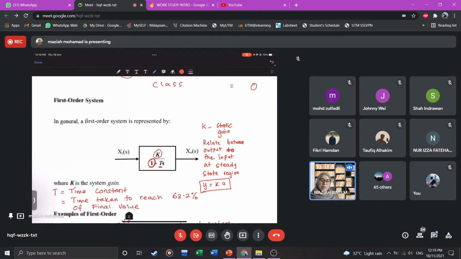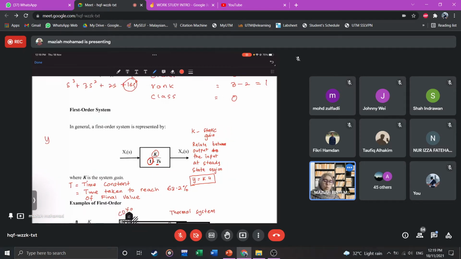For example, you have a transfer function Y over U equal to 10 over s plus 20, and you want to determine the value of K and the value of T. We know this is first order because this is s to the power of 1.